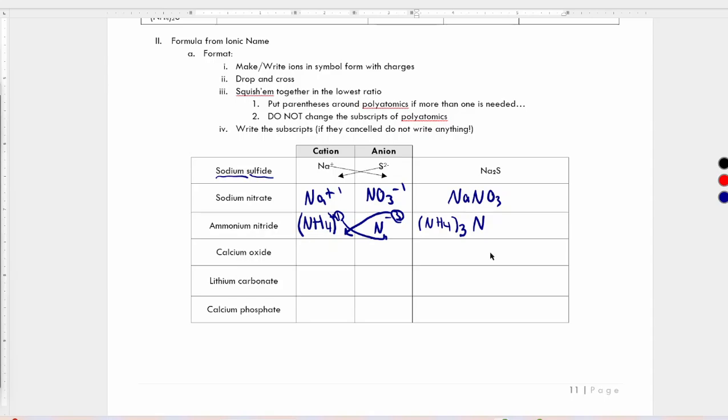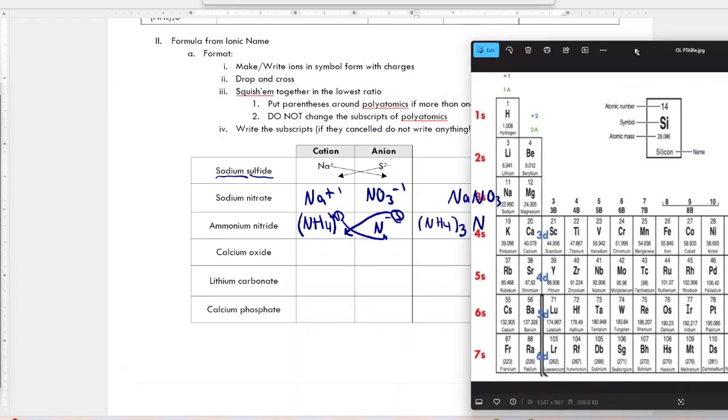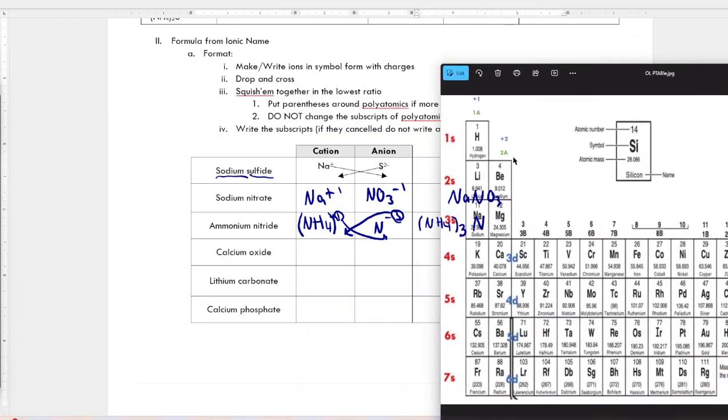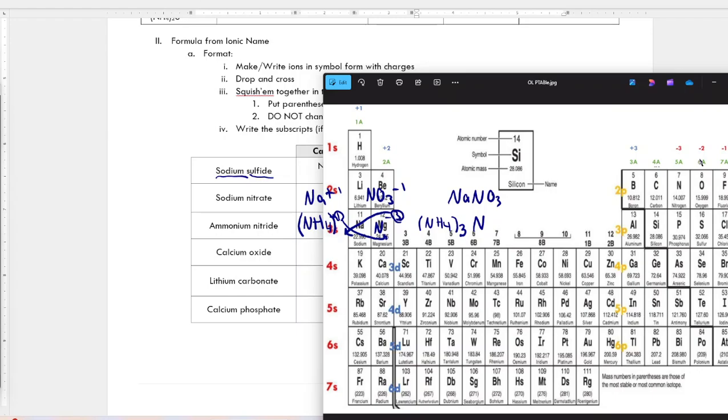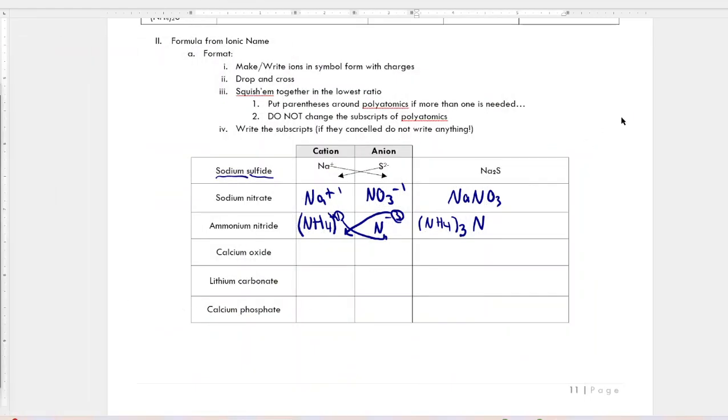All right, calcium oxide. Let's look this up on our periodic table real quick. Calcium's right here. Calcium is going to have a +2 charge. Oxide, if we remember, hopefully, is oxygen. And oxygen has a -2 charge, so +2 and -2. Do these numbers match?